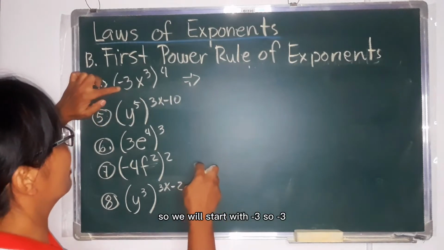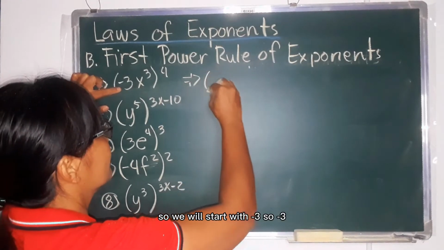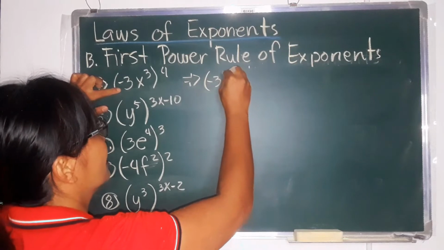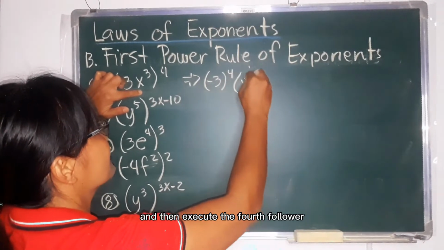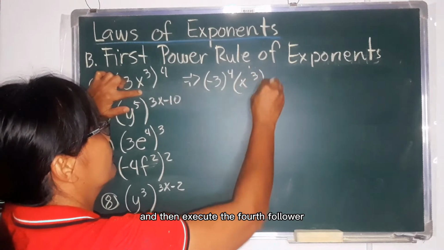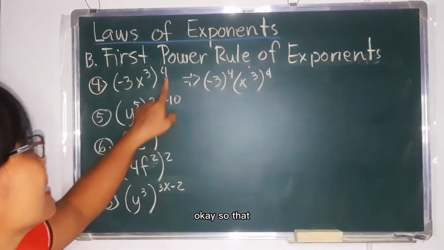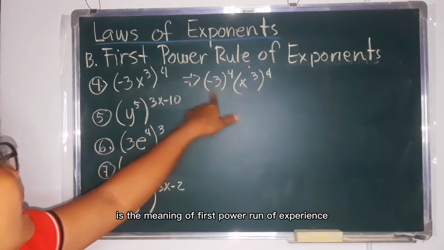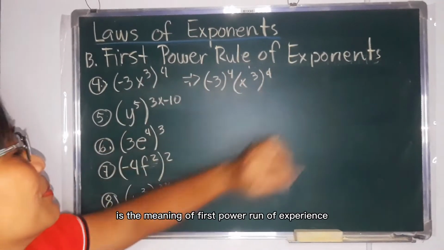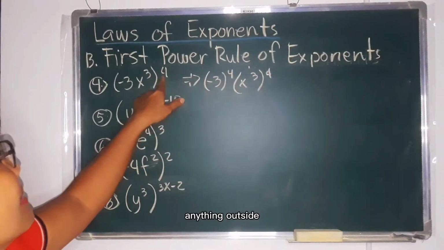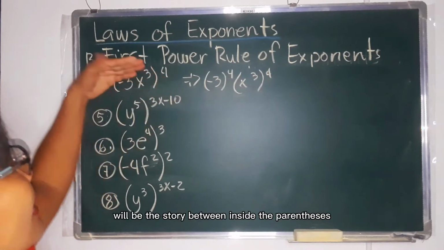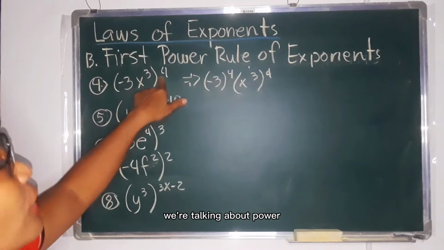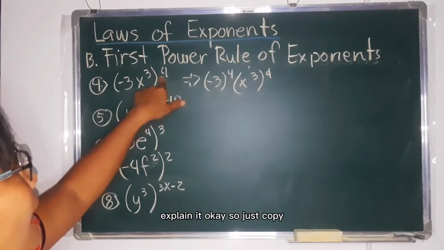We will start with negative 3, so negative 3 raised to the 4th power, and then x cubed to the 4th power. Okay? So, that is the meaning of the first power rule of exponents. Anything outside the parenthesis will be distributed inside the parenthesis. We're talking about power, exponent, okay?